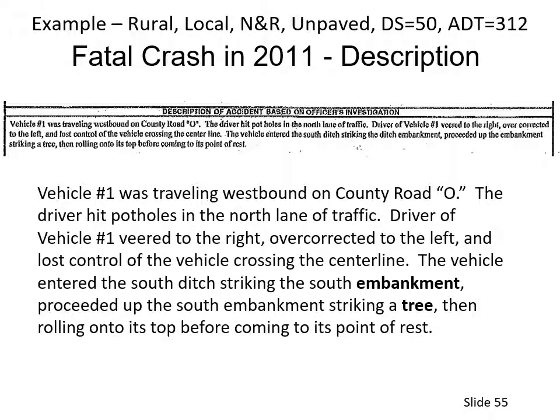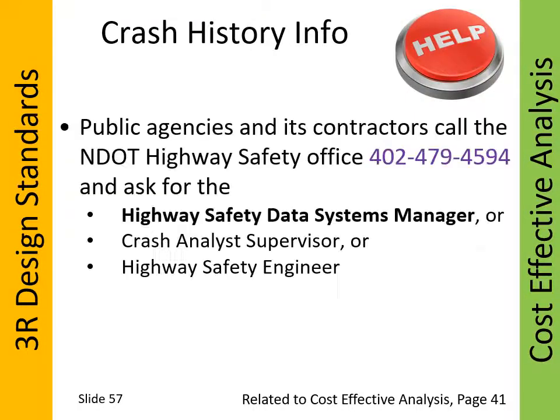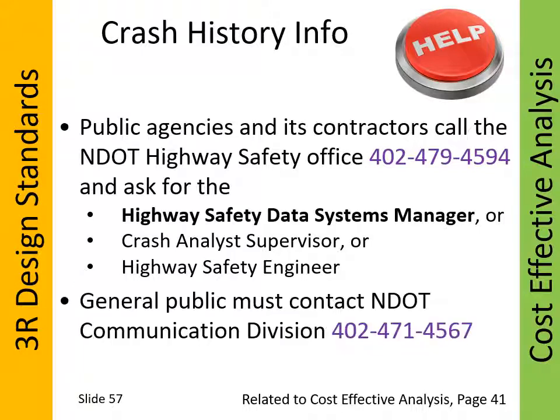Details such as an embankment or trees close to the roadway that may affect the scope of work. Crash reports provide schematic representations of crashes which may be helpful to road and street designers. The Nebraska DOT's Highway Safety Office is available for guidance for counties and municipalities. The general public must contact the Nebraska DOT's Communication Division.